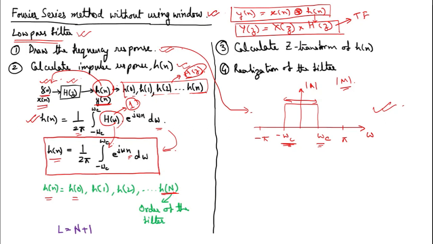But we have a clause we discussed, that the number of poles should be greater than or equal to the number of zeros. So just by looking at the order of the polynomial in the denominator, we can directly say the order of the filter. Again, just for your recap, we discussed in the last class that the length of the filter, capital L, is equal to capital N plus 1.